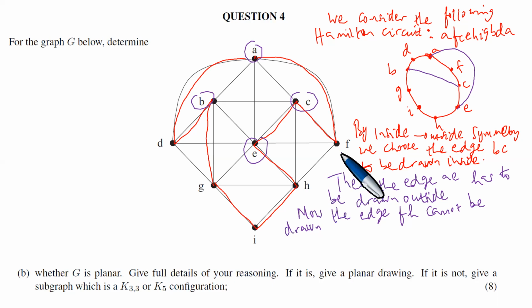Right, so if you look at the edge FH, here is F and here is H. The edge FH cannot be drawn inside. Okay, I'll put two words drawn here. Cannot be drawn.